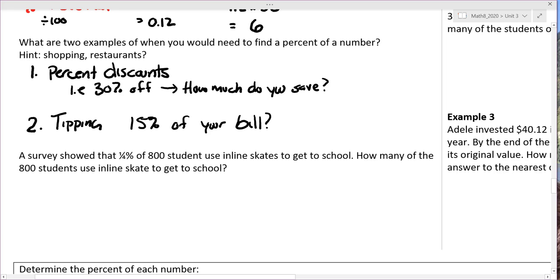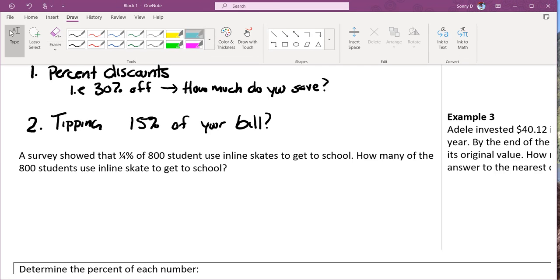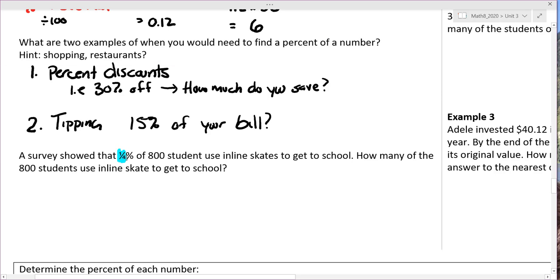Okay. The survey showed, so going back to the left-hand side, 0.25% of 800 students use inline skates to get to school. Like, Rollerblades. Why?